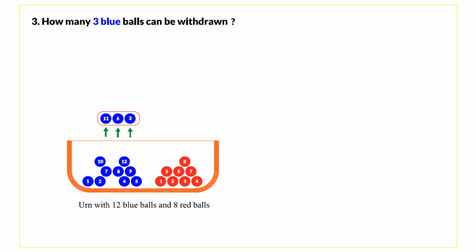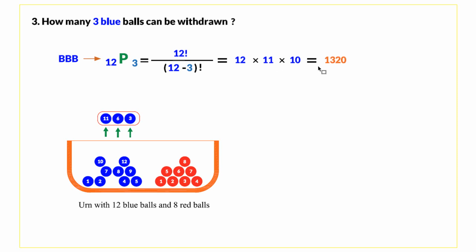So the number of ways of picking 3 blue out of 12 is 12 permuted 3 at a time, and this is equal to 12 times 11 times 10. So we have 1320 possible outcomes to pick 3 blue at a time out of a set of 12 blue.